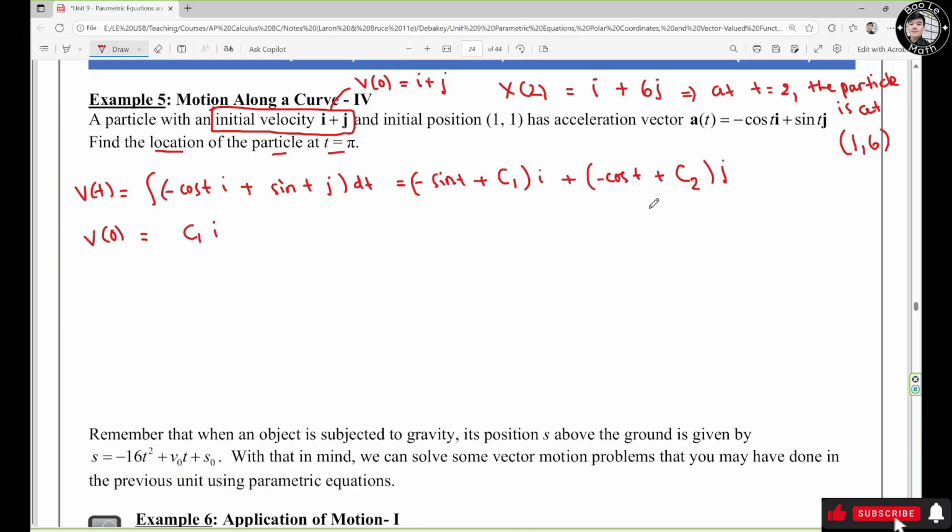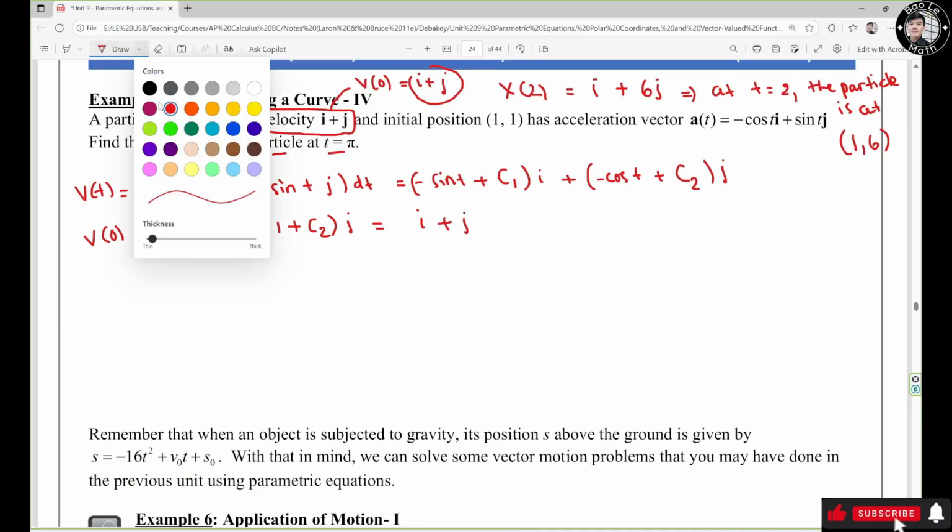C1 i. Now cosine of 0 equals 1, so you have negative 1 plus C2 j, right? And this one right here is actually i plus j, right?